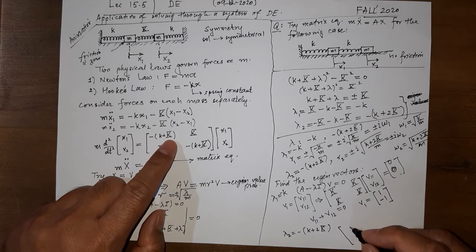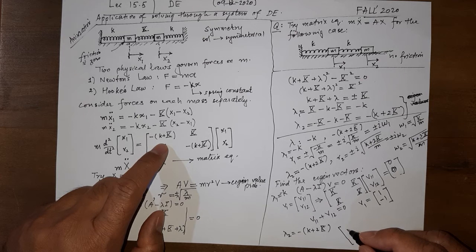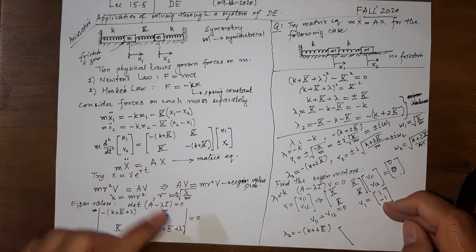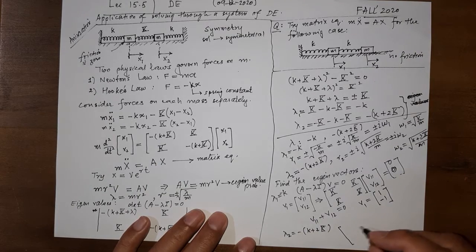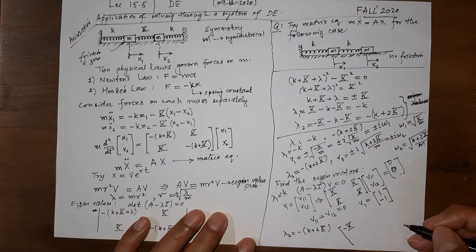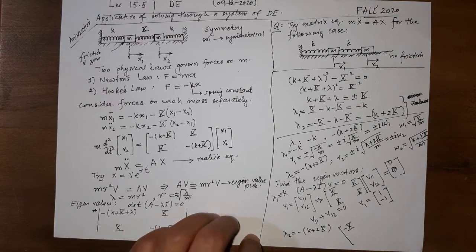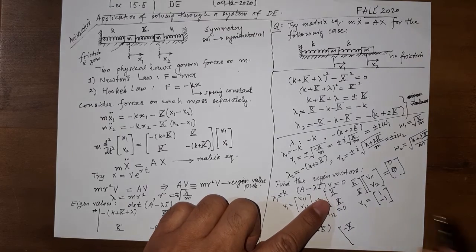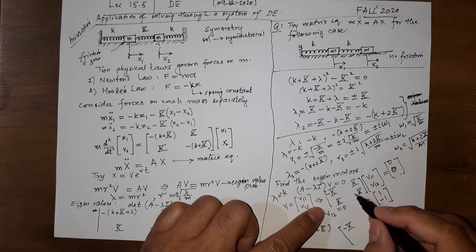So what are we going to get? Plus k or minus capital K. I think I have missed something here. Oh yes, here we have minus capital K.